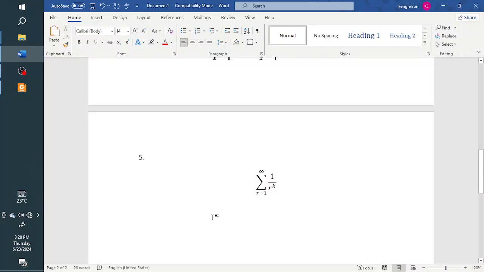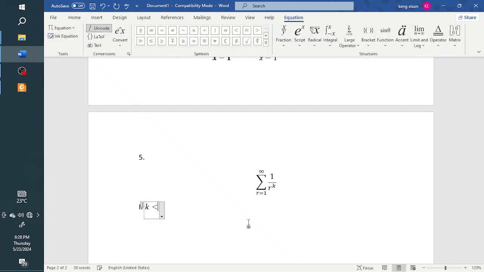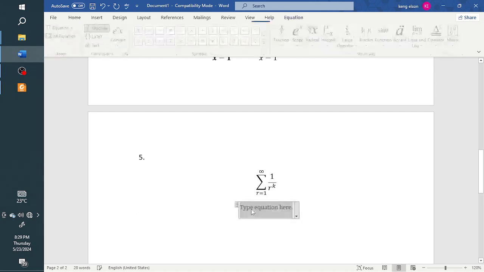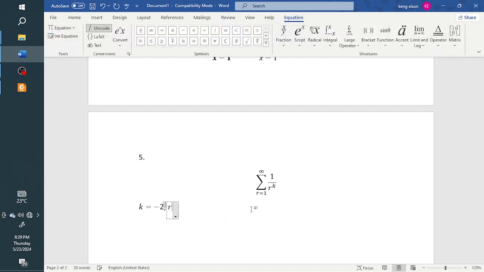Alright, now let's begin with negative values of k. If k is less than 0, let's say k is -2, then 1 over r to the power k will be equal to 1 over r to the power -2, which is just r squared.